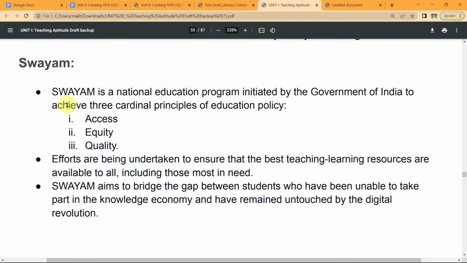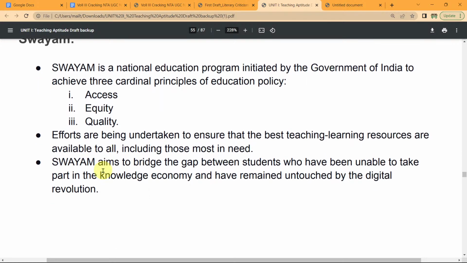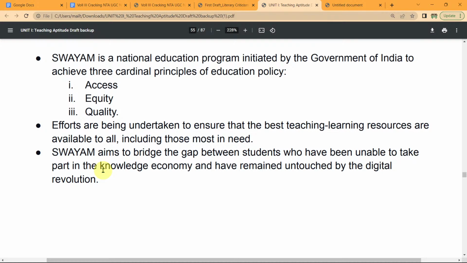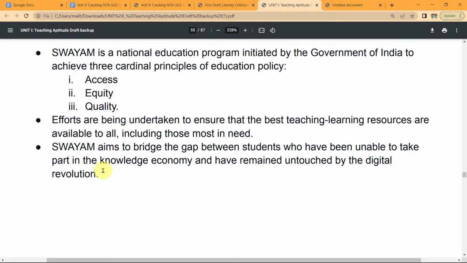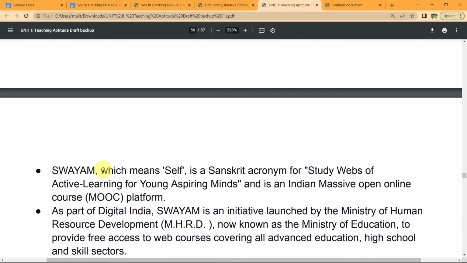Efforts are being undertaken to ensure that the best teaching learning resources are available to everyone, including those most in need, because some people are not able to get good education in a particular place. For that they have launched Swayam.